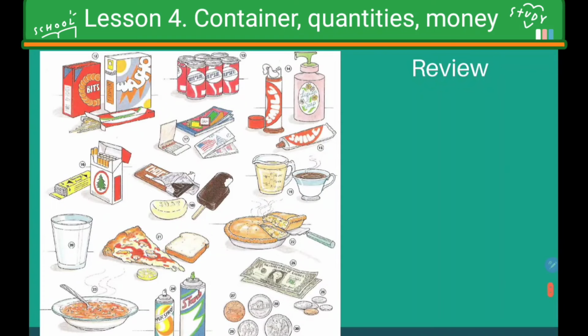And number 12, we had a box of biscuits, a box of cereals. And number 13, six-pack of pop, 6-pack of Sprite. And number 14, that was a pump of toothpaste.